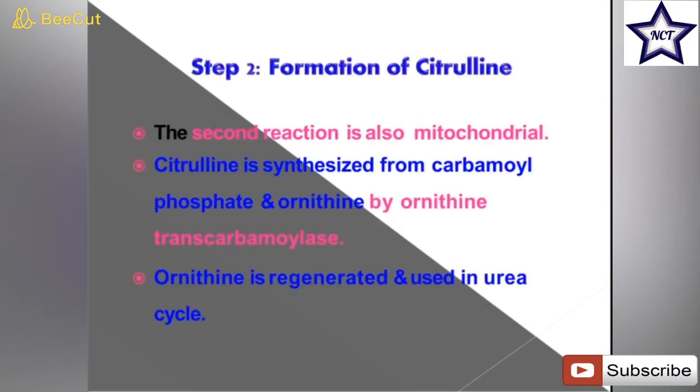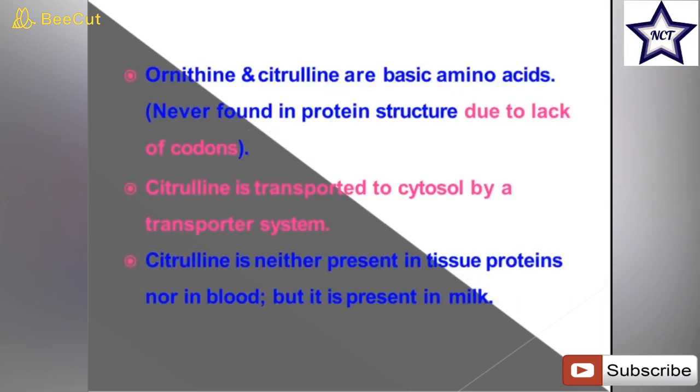The next step is the formation of citrulline. It is formed from carbamyl phosphate, and it is the second mitochondrial reaction, in which the enzyme involved is ornithine transcarbamylase, and ornithine is regenerated and used in the urea cycle.